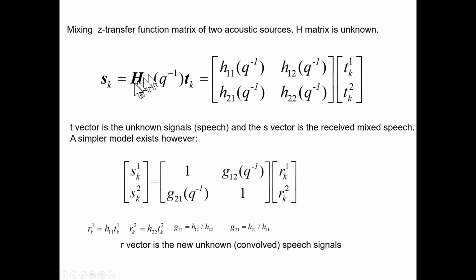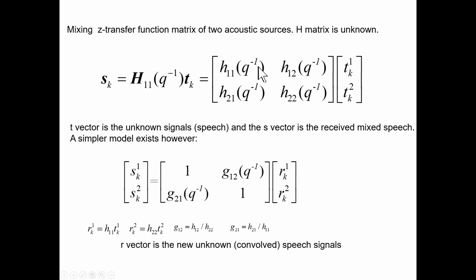That's the maths behind it. You've got a vector of two speech signals, and a matrix of transfer functions, or a transfer function matrix if you like. These are the original speech signals, T1 and T2. So you get H11 times T1 plus H12 times T2, a cross-coupled term.